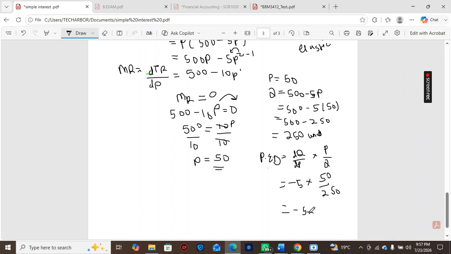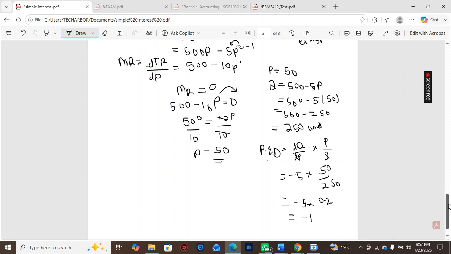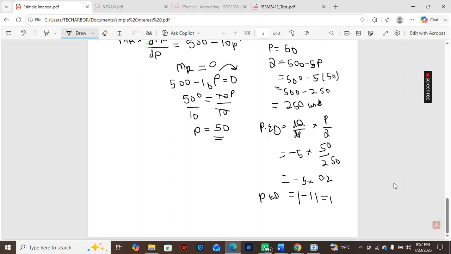Negative 5 multiplied by 0.2, we get negative 1. So we get the absolute value, which is 1.